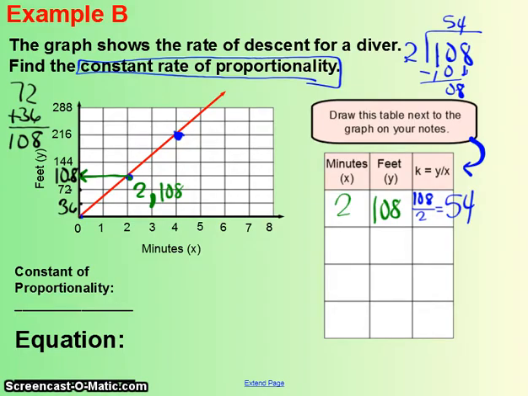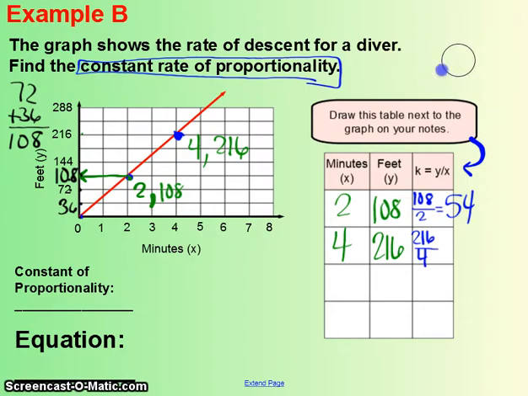Okay, so it is 4 comma 216. Okay, so 4 and 216. So I want to find my constant of proportionality, make sure I'm getting 54 again. So my y value, which is 216, divided by my x value, which is 4.